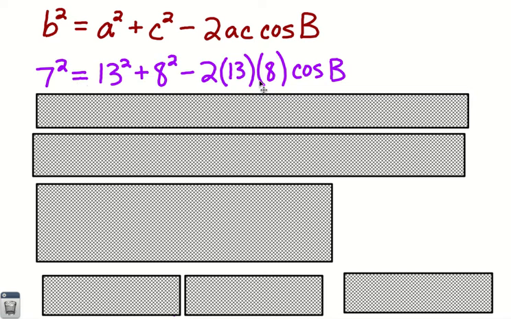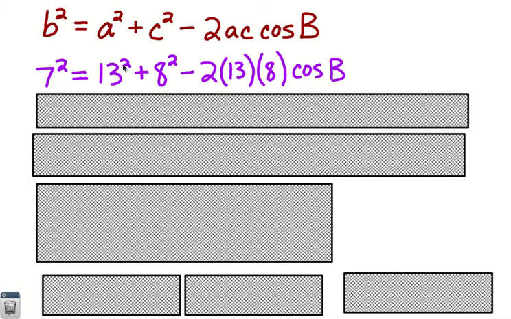Next is kind of a tricky part, because what you do not want to do is all of this math together. You can't ignore the fact that what we have right here is being multiplied to the cosine of B. So here's what you need to do.